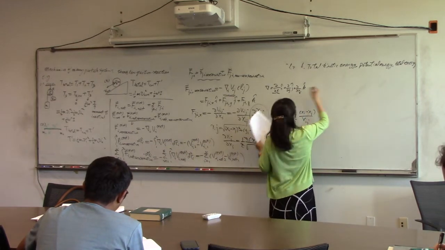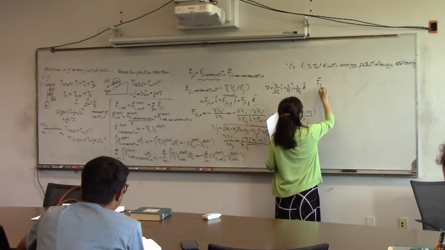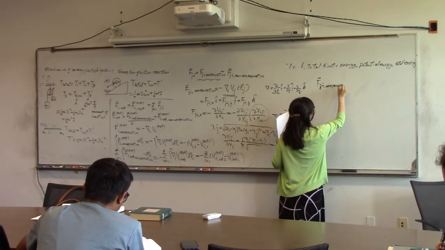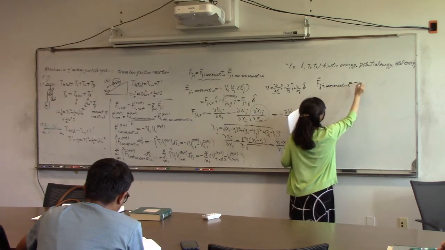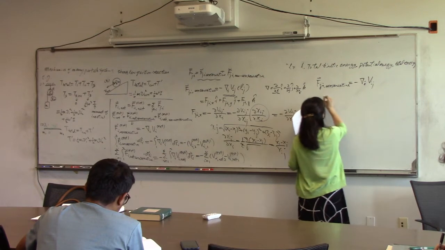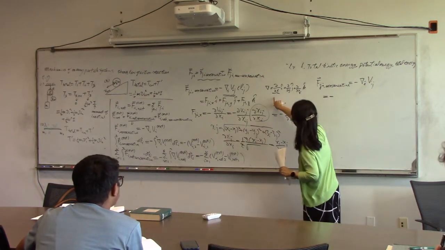Therefore, now we can come to the conservative force. This force is the negative gradient of Vij, right? So it is equal to the three components.